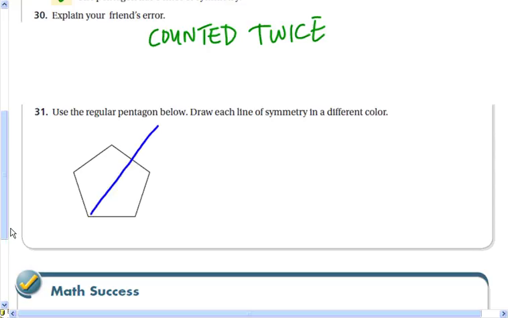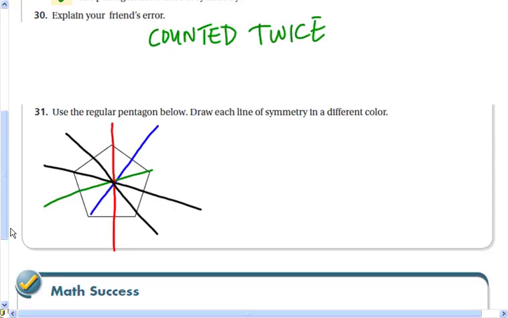There is 2. 3. 4. And I'll just use black again here. 5. 5 lines of symmetry.